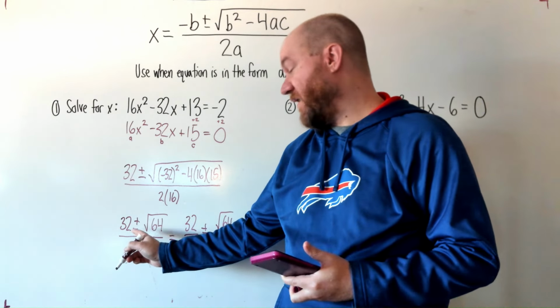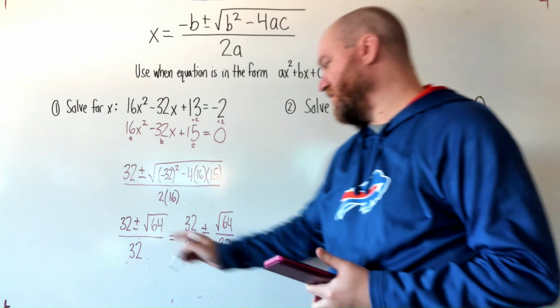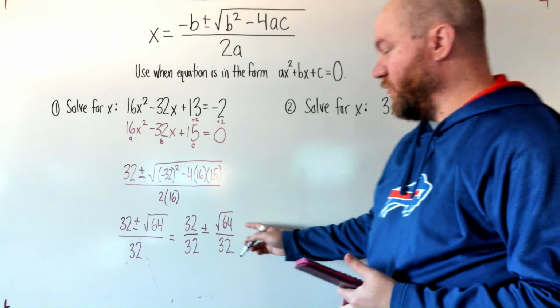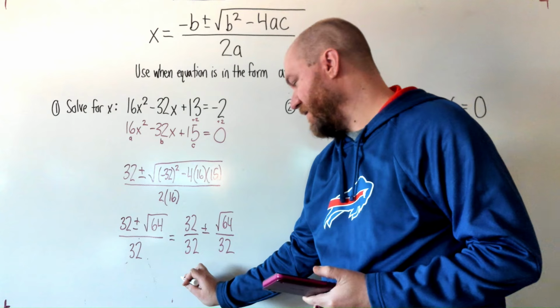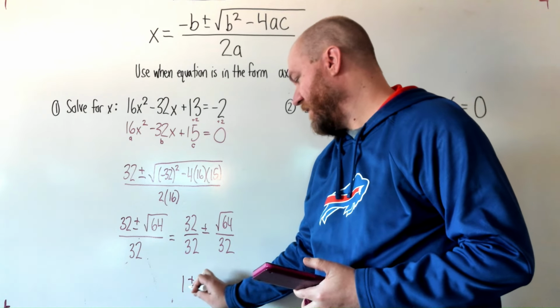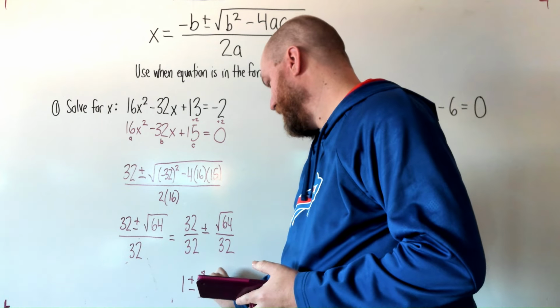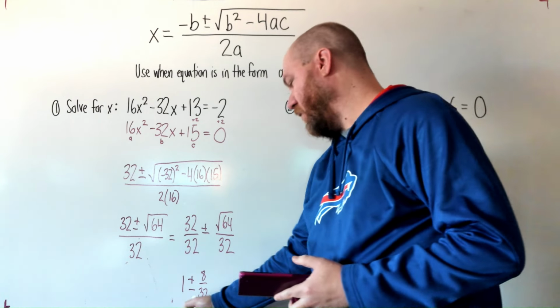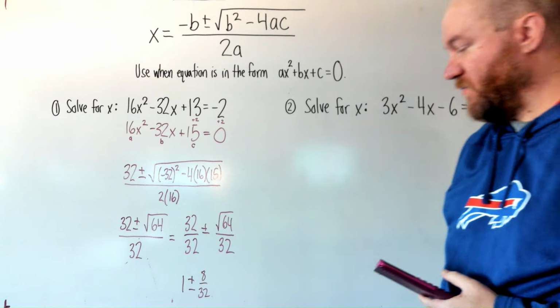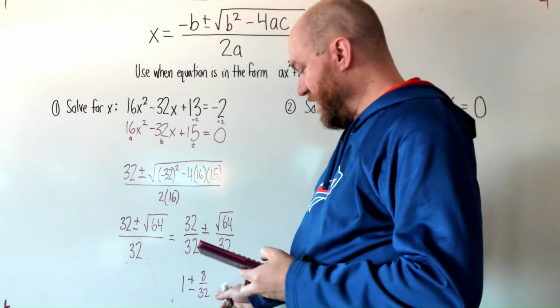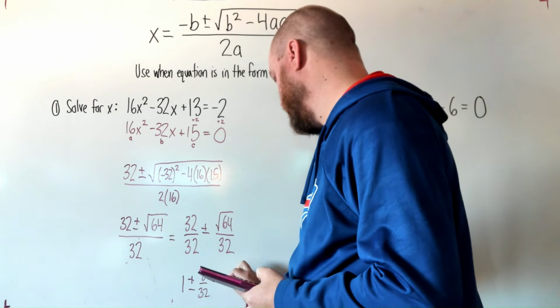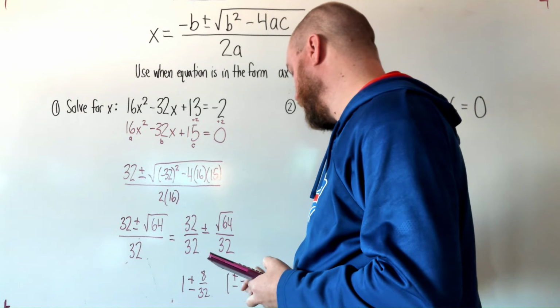If there's a plus or a minus there, I can split it into 2 problems, and now I can do each of these problems. 32 divided by 32 is 1. Plus or minus, what's the square root of 64? That's 8. So my final answer here is almost here. 1 plus or minus 8 over 32, which will reduce to 1 plus or minus 1/4.